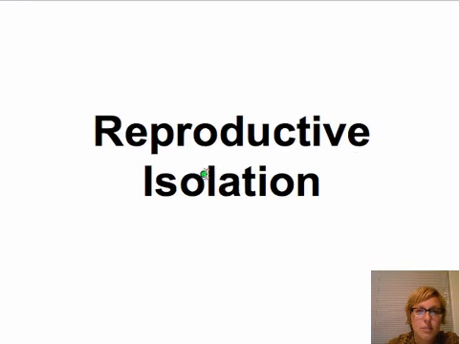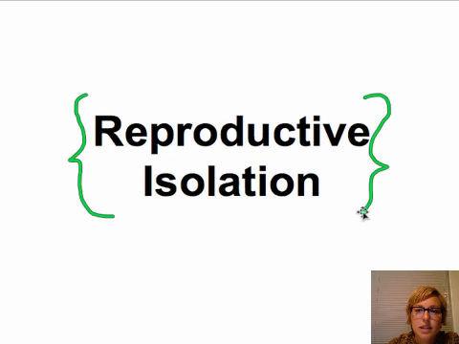Today we're going to talk about a type of mechanism that adds to speciation, and that is reproductive isolation. We talked about it a little bit in our last video, but basically, reproductive isolation is any mechanism that keeps species from mating with others.